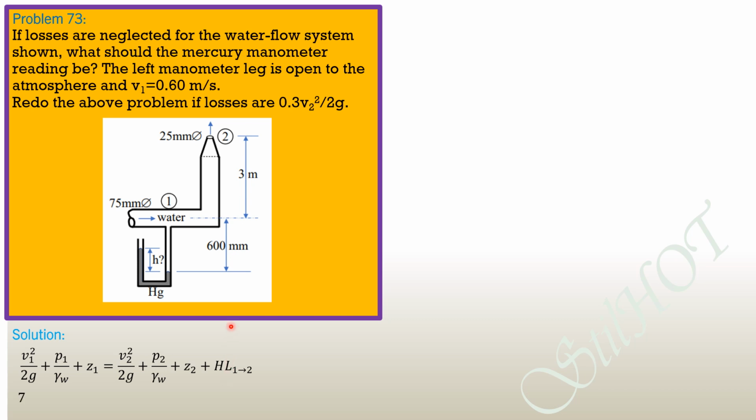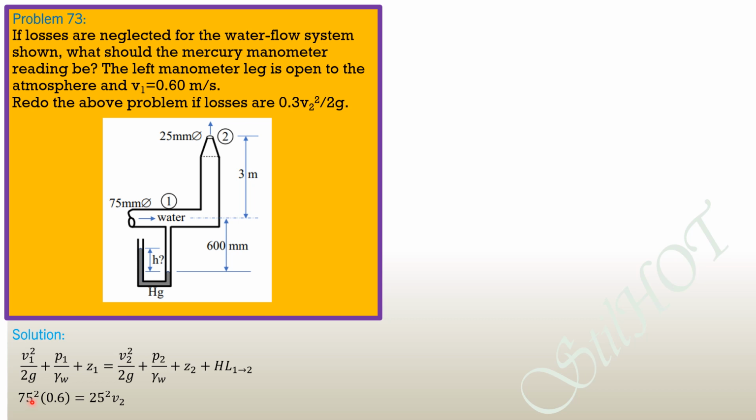So substituting velocity heads, by the way, by the continuity equation, first we solve for V1 or express V2 in terms of V1 and vice versa, or solve for V2. Supposedly pi over 4 times diameter squared. I will not convert 75 mm to meter because this is also in mm.